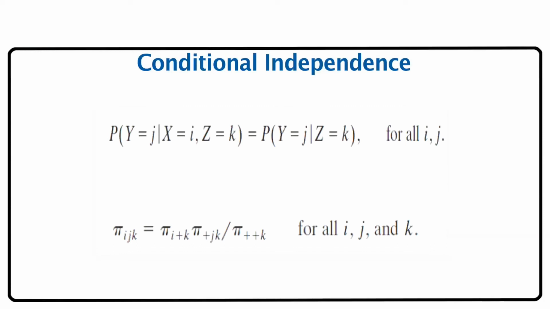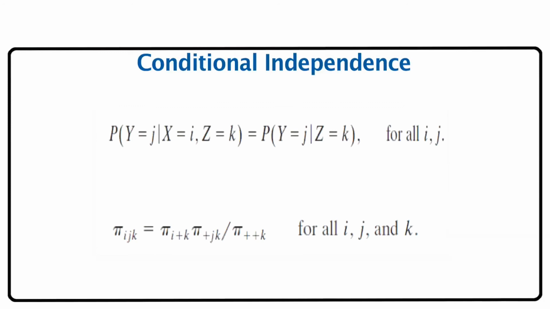So x and y would be said to be independent, conditional on z being equal to k, if the first equation given on this slide holds, which is probability of y equal to j given that x equal to i and z equal to k is equal to probability y equal to j given z equal to k for all i, j. So x equal to i drops out of the equation because x does not give any additional information once we know about z.